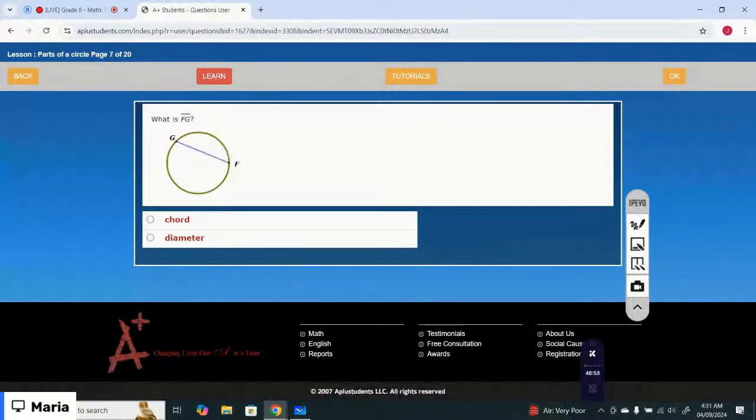What is FG, which is the correct option? That is chord, right? Okay, you can complete the lesson by yourself later today. Let's just move on to the next lesson.